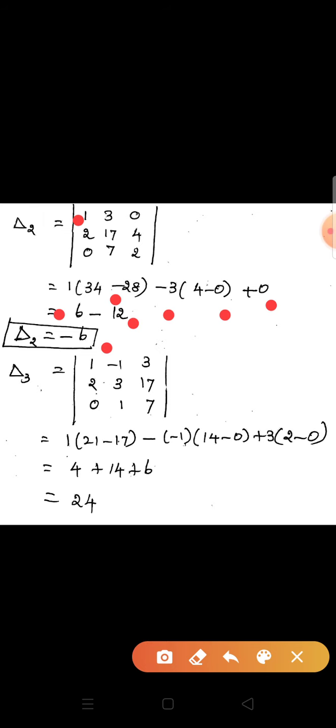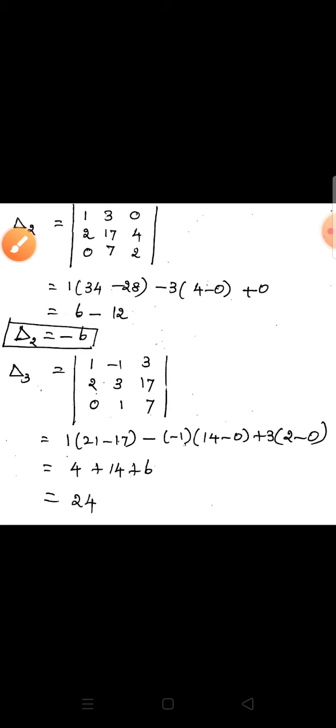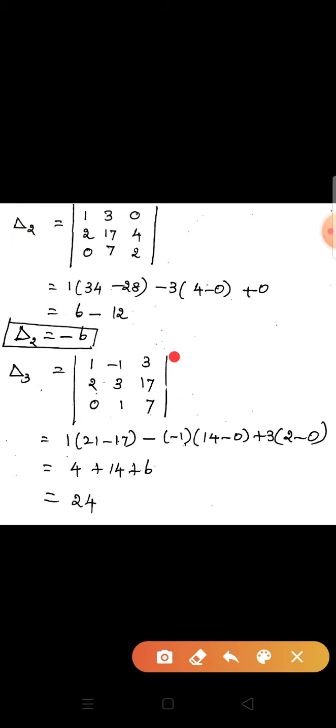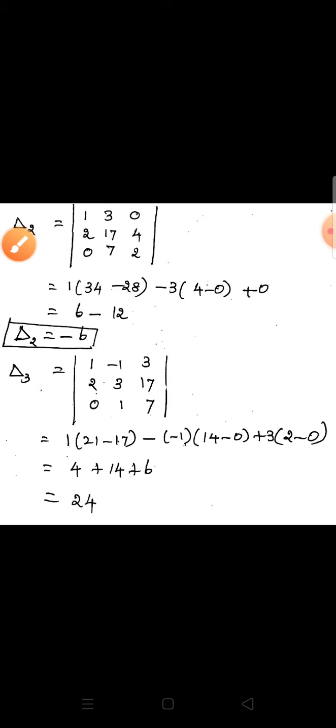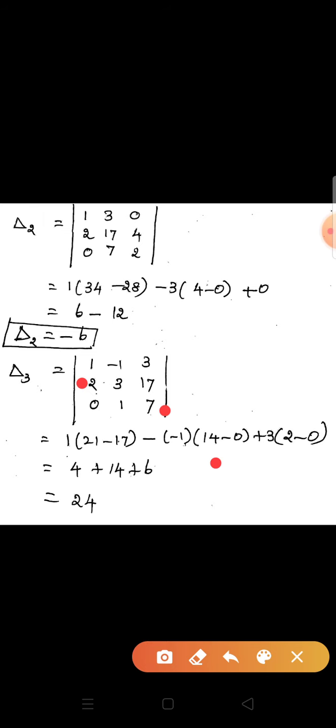Now we are going to find delta 3. We are replacing the third column only by 3, 17, 7. The first column and second column have no change. Now we are going to find the delta 3 value by R1. Here 1 into cross multiplying 3 sevens are 21 minus 17. Minus of minus 1, here minus 1 into we cross multiply 2 into 7, that is 14. 0 into 17 is 0.